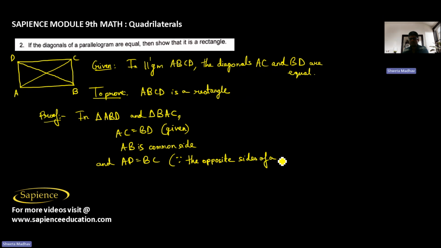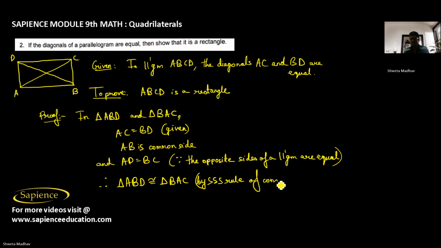So therefore, triangle ABD is congruent to triangle BAC by the SSS rule of congruency.